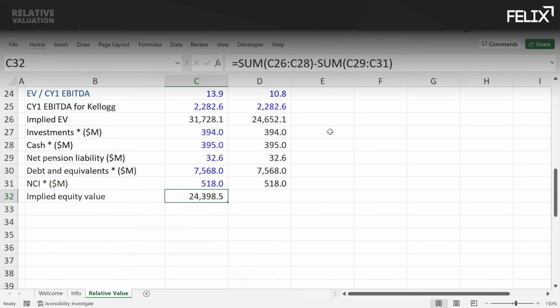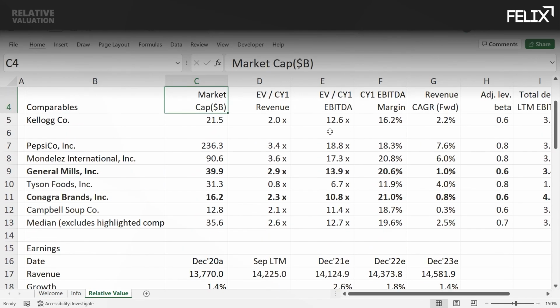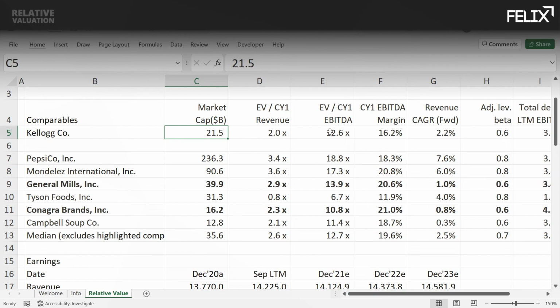Hit enter, and that gives me my implied equity value. So what we're saying here is that if Kellogg wasn't quoted, we would probably value its equity at between $17.3 billion and $24.3 billion.